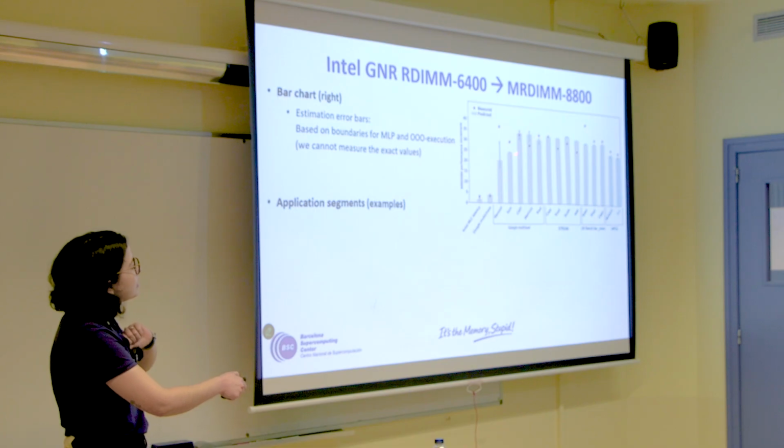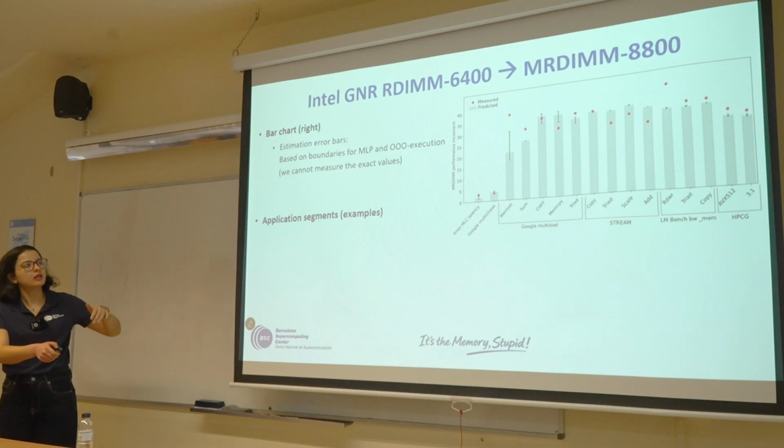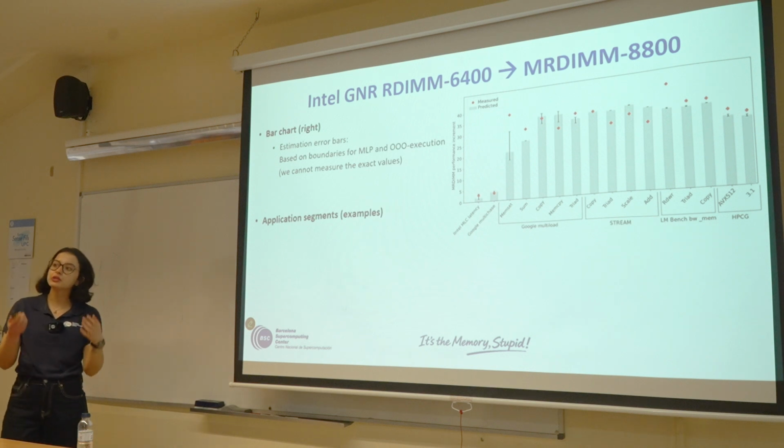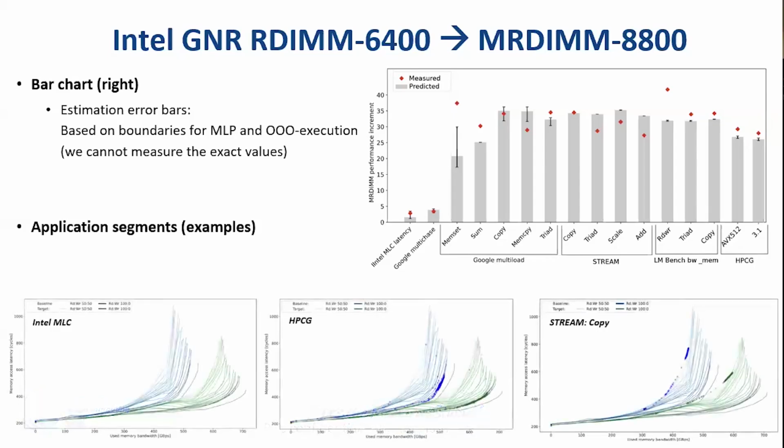And the red diamond here is the measured performance difference from RDIMMs to MRDIMMs. We see that for most of them, we are really close to reality, really close to what we measured in real hardware.